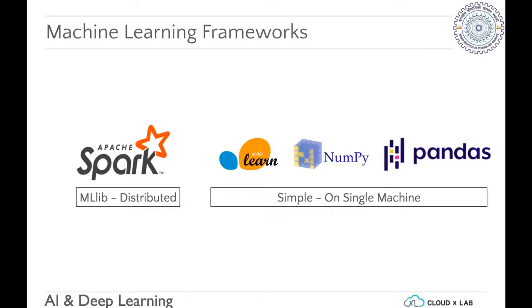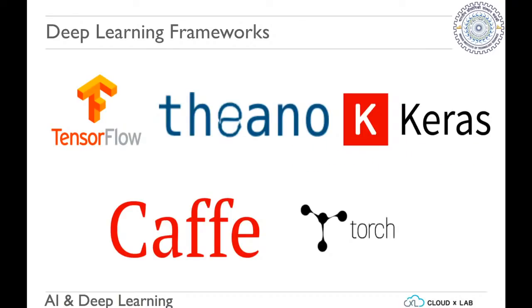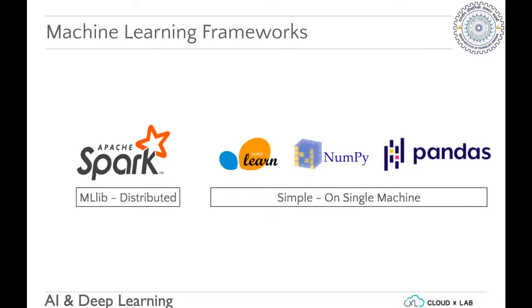Now, machine learning frameworks. There are other machine learning frameworks other than these deep learning frameworks, such as scikit-learn, NumPy, and Pandas. NumPy is basically a big array which lets you manipulate numbers. Pandas is a big table, just like a database table, which lets you manipulate a database table, right? And scikit-learn has most of the algorithms already, except for the neural network.